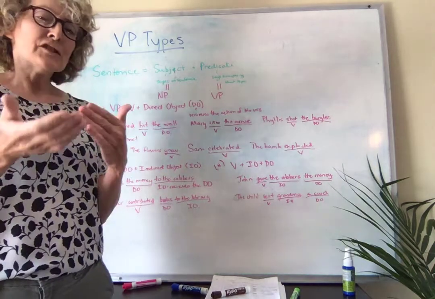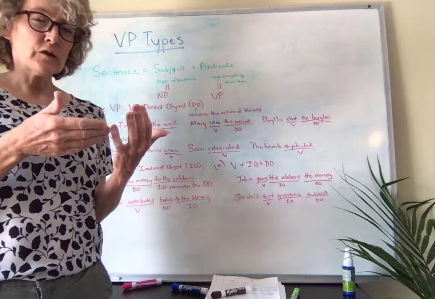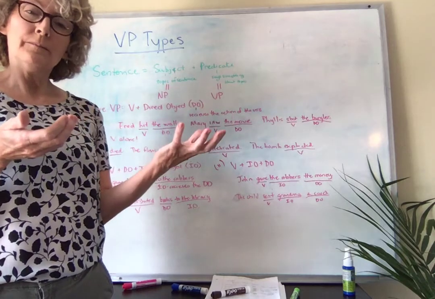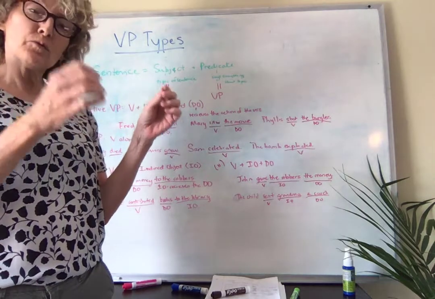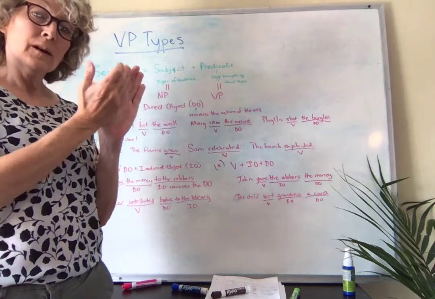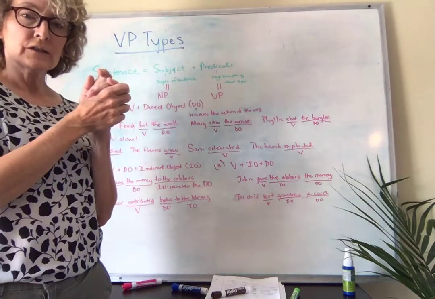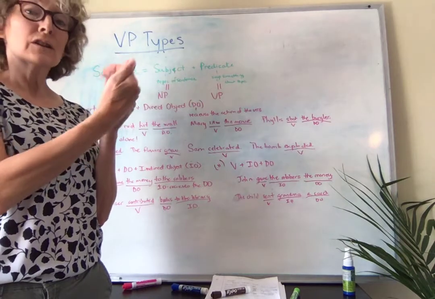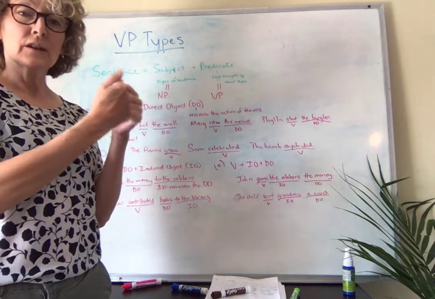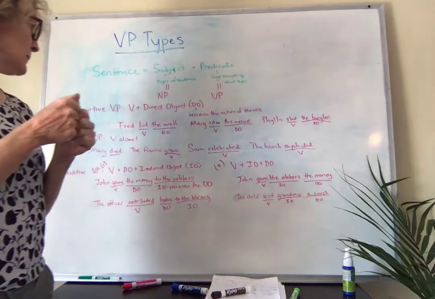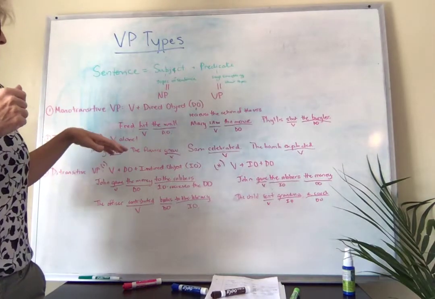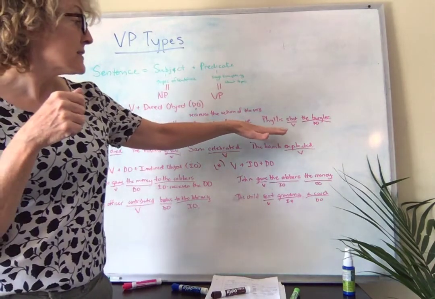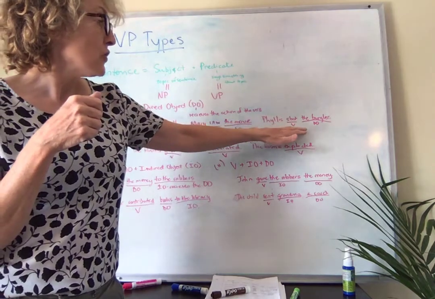So it's usually the one that we talk about first because it's so common. It will always be comprised of a verb and a direct object. And direct object just means it receives the action of the verb. Okay? So, for example, if you have a sentence like, Phyllis shot the burglar.